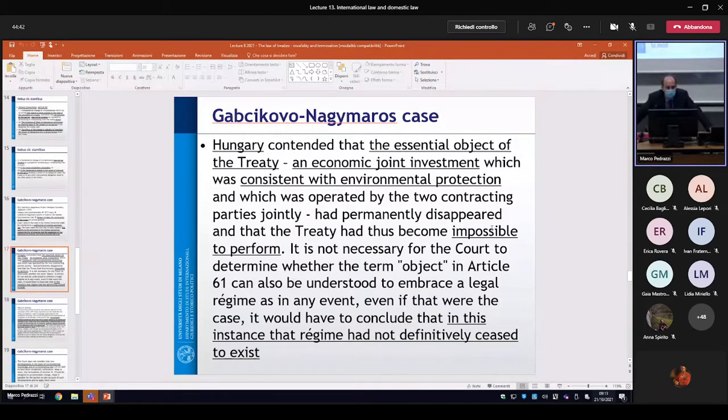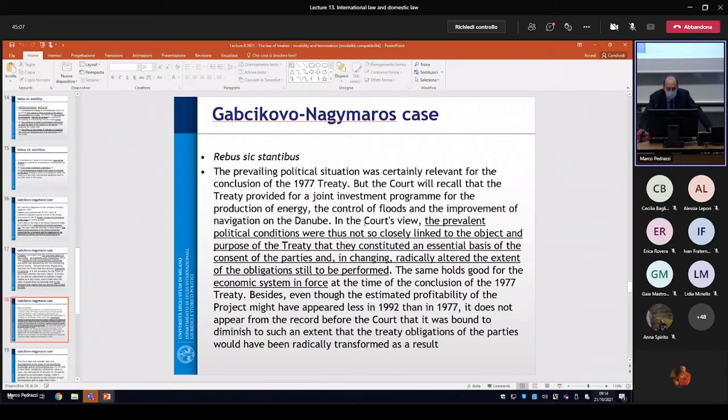Because the regime provided for the adjustments of this economic joint investment in order to take into account environmental protection issues. Adjustments had to be agreed to by the two parties, but anyway, the regime cannot be considered to have disappeared.